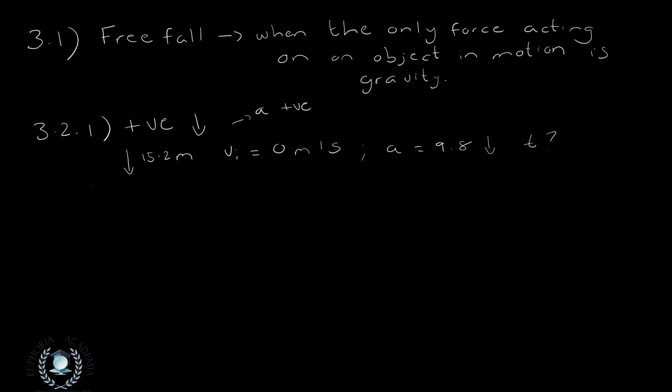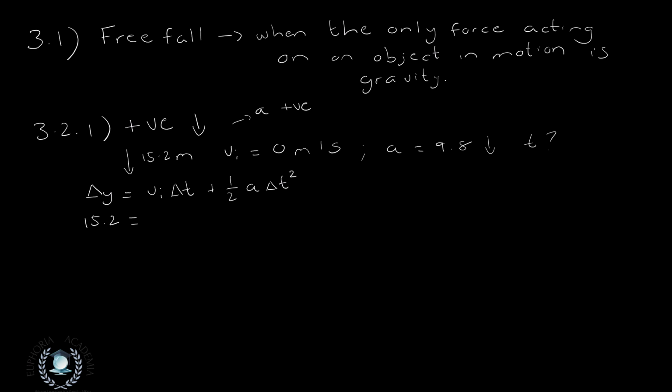Okay, so we can use this equation that says delta y is equal to vi multiplied by delta t plus half a delta t squared. Right, now delta y is 15.2 because essentially we're going from up all the way down, and the down distance is just this 15.2 meters.